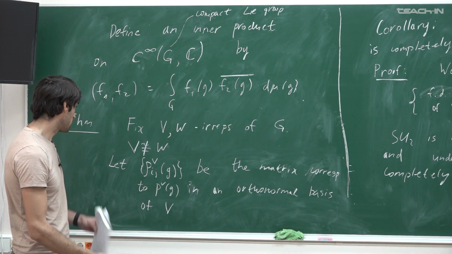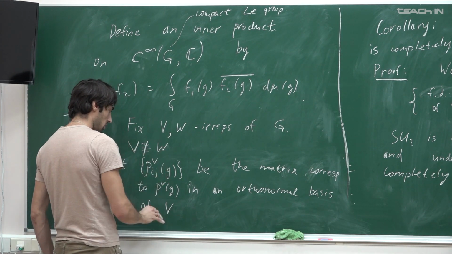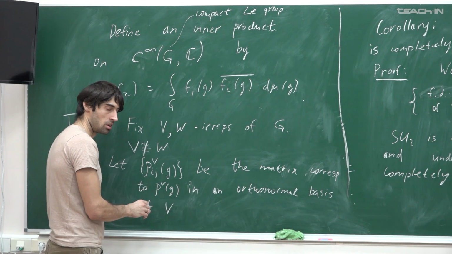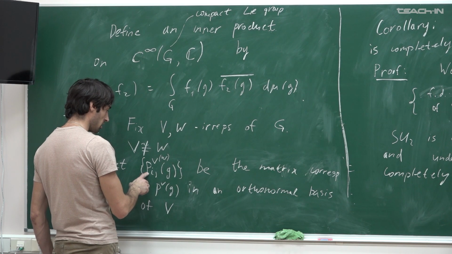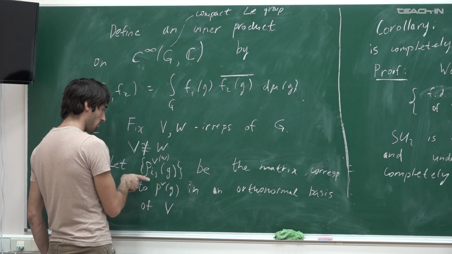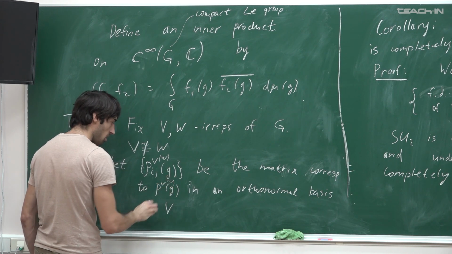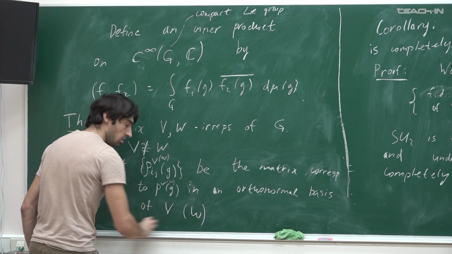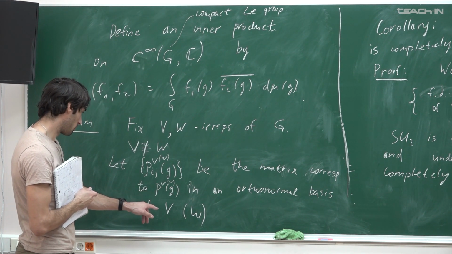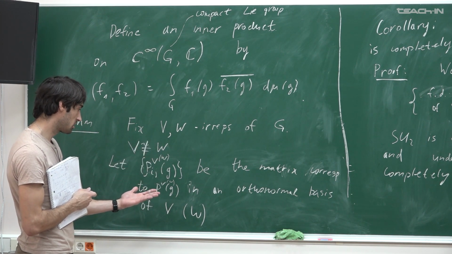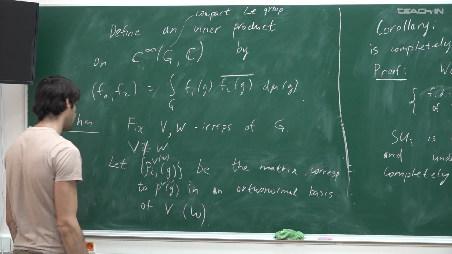So I have two representations, and let me also introduce the same notation for W as well. If I put W here, then rho ij of W are matrix elements of this matrix where I replace V with W, in some orthonormal basis that I fix in W.